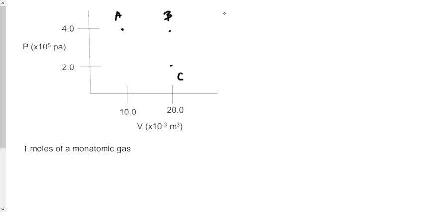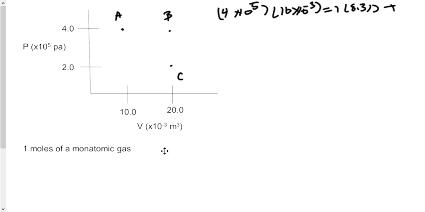So I've got 4 times 10 to the 5th, and I'll multiply that by 10 times 10 to the minus 3 equals 1 times 8.31 times T. I'm using 1 for moles because it says use 1 mole, and it's a monatomic gas. And that turns out to be 481 Kelvin.